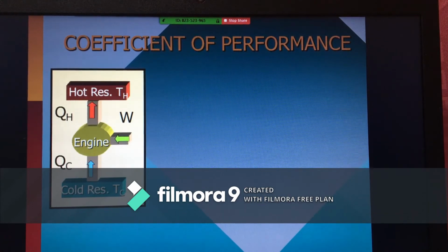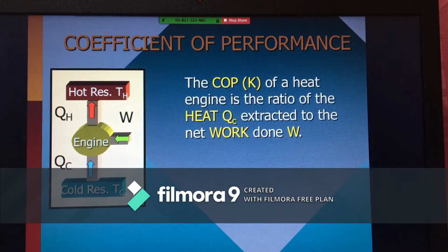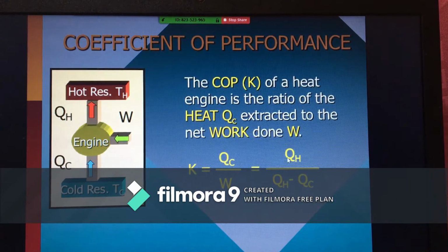Now, next is the coefficient of performance. So the coefficient of performance, we call it COP, and represented by the letter K. So the COP of a refrigerator is the ratio of the heat QC extracted to the net work done, which is W. Or K is equal to QC divided by W. And we know that W is QH minus QC, so therefore this is equivalent to QC over QH minus QC.